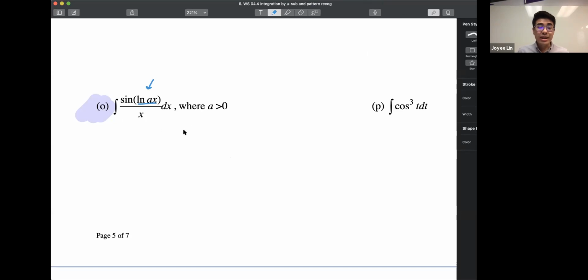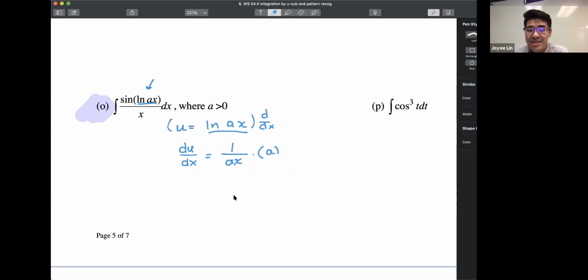So we're gonna let our u equal ln of ax. So let's hit both sides with our derivative, right? We're gonna take both sides, derivative with respect to x. So we get du dx. What does the right-hand side equal? What's the derivative of ln of ax? It's 1 over x, right? If you want to think about it, derivative of ln is 1 over the inside, times the chain rule.